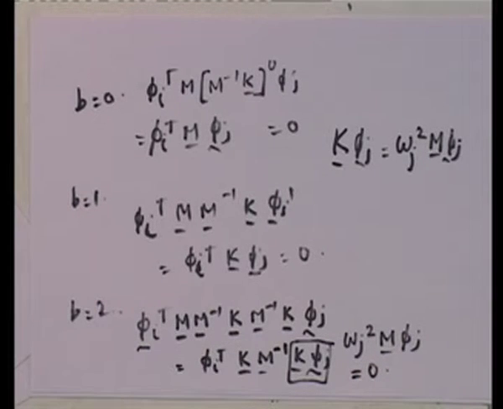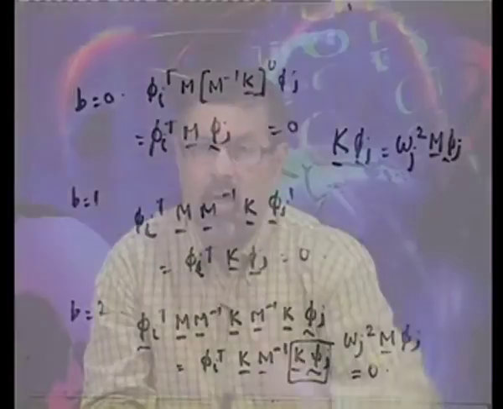And in this manner, we can keep showing this. I can also show it for b equal to -1. I don't want to get into that, because -1 all it means is the inverse.